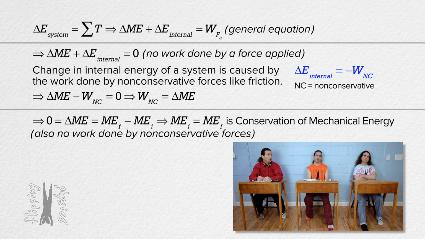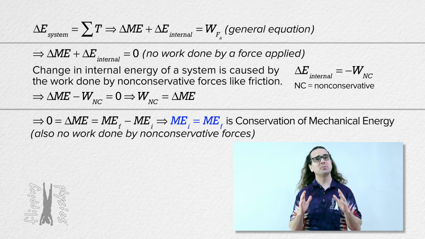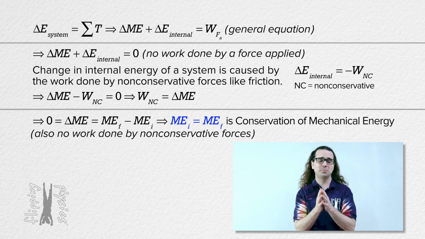From there, we were able to prove that when there is no force applied doing work on the system, the work done by non-conservative forces on the system equals the change in mechanical energy of the system. And if there is also no work done by non-conservative forces on the system, mechanical energy of the system is conserved.